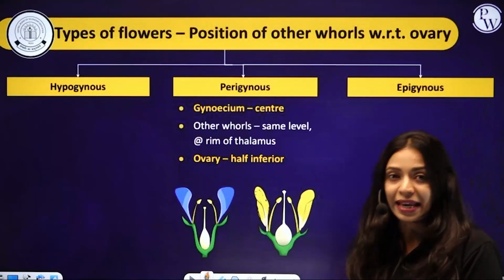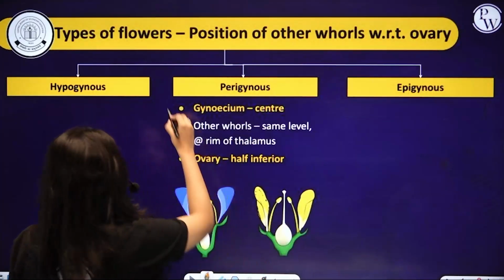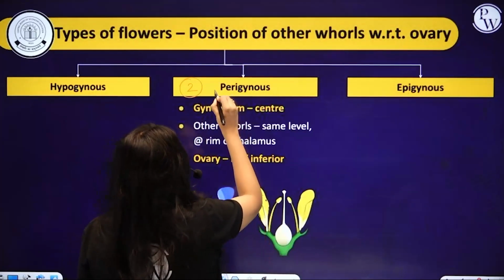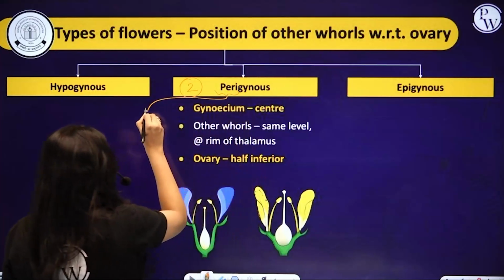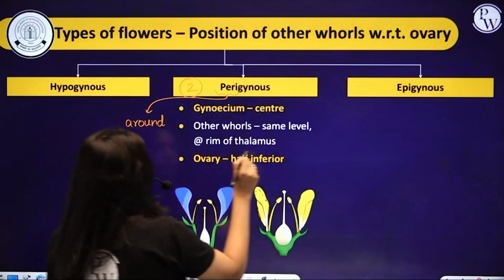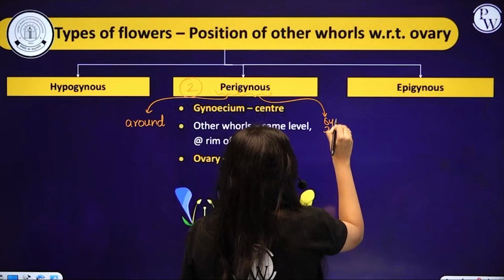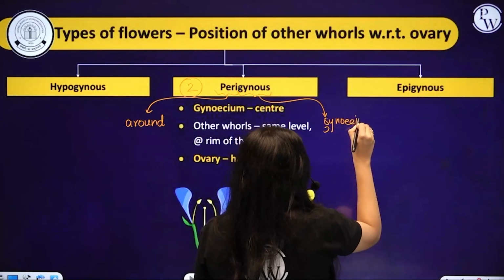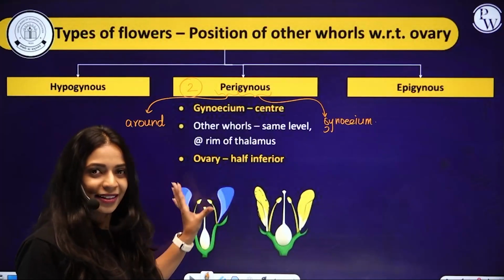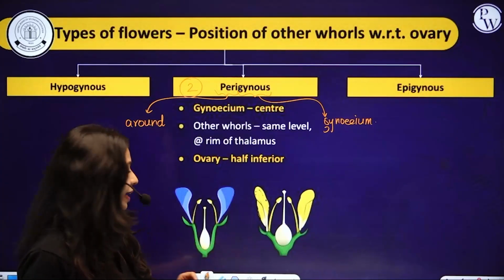Now let's talk about the second type of flower based on position of other whorls with respect to the ovary. This is perigynous. Over here, peri means around. Gynous again relates to the gynoecium. So again, the name itself will indicate how the other whorls are arranged with respect to the gynoecium.